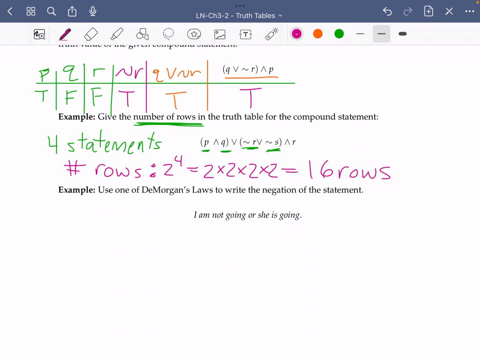And then finally, we are going to use De Morgan's laws to write the negation of this statement. I am not going. So we could say statement P is I am going. So this is not P. Or she is going. So statement Q, she is going.